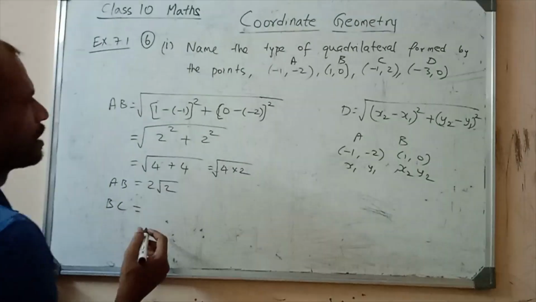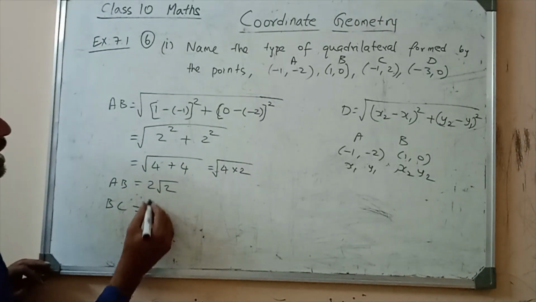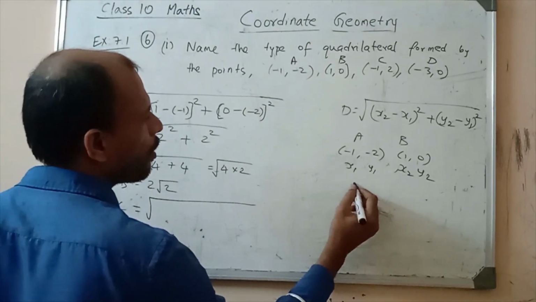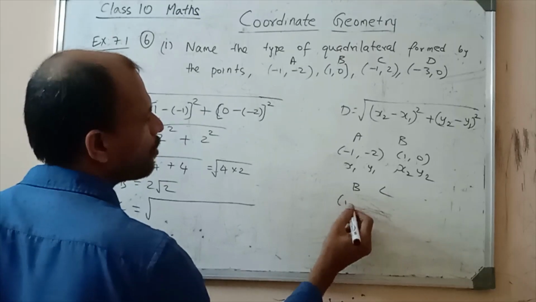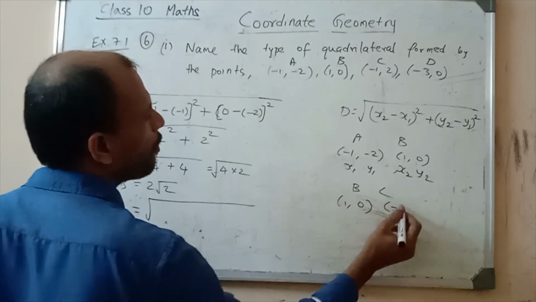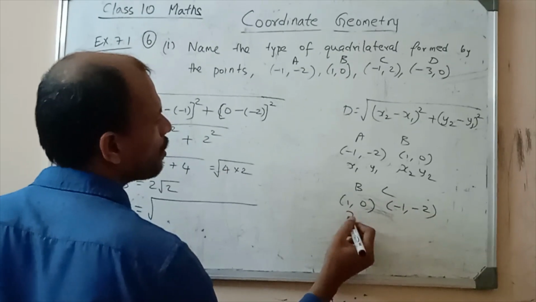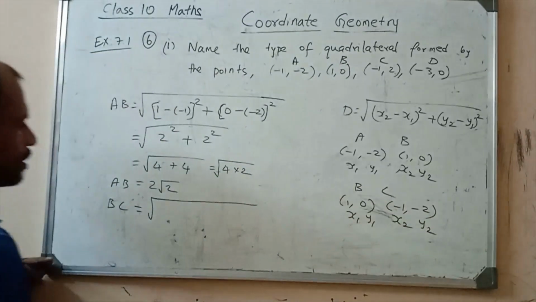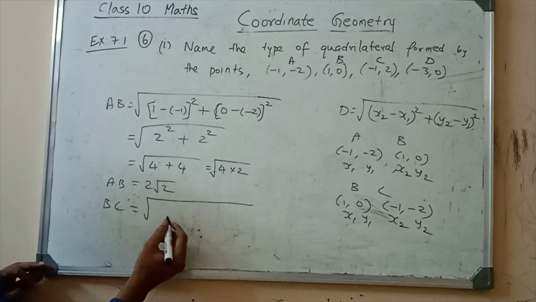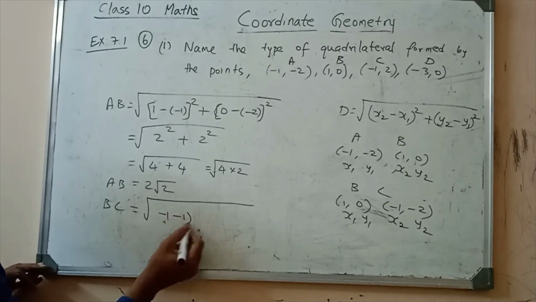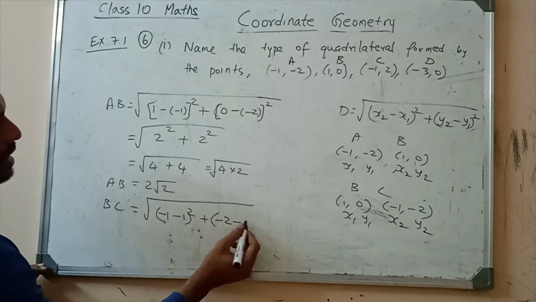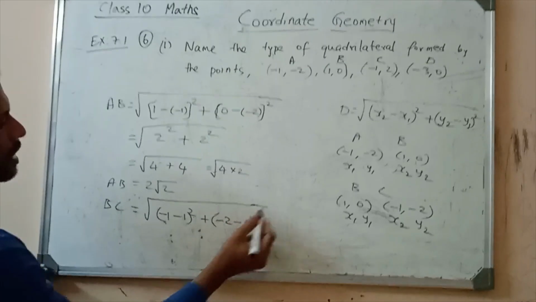Okay, so let us find the side BC also. BC, again use the distance formula. Now here B is (1, 0) and C is (-1, -2). Now this becomes x1 y1, x2 y2. So x2 minus x1, minus 1 minus 1, the whole square, plus y2 minus y1, minus 2 minus 0, the whole square.